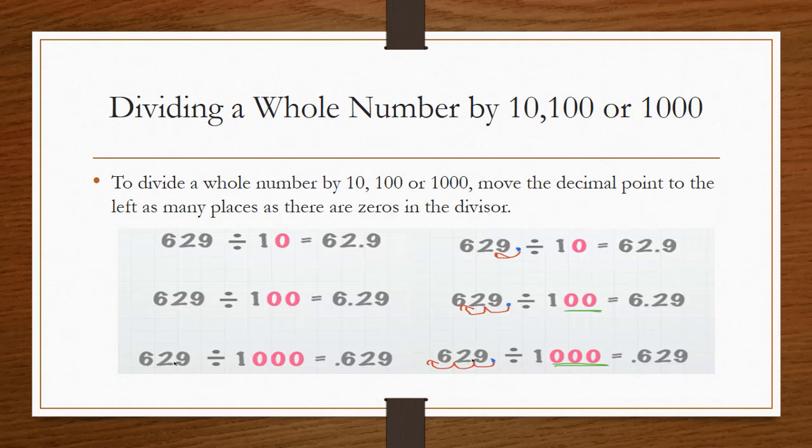So from the right, the decimal point should move 2 places to the left. So we will get the answer 6.29. If it is divided by 1000, which has 3 zeros, from the 9 you should move 3 places to the left and keep a decimal point. So we will get the answer 0.629.